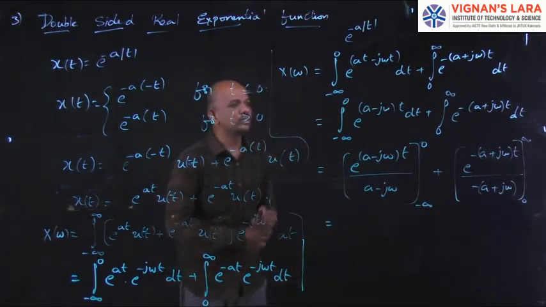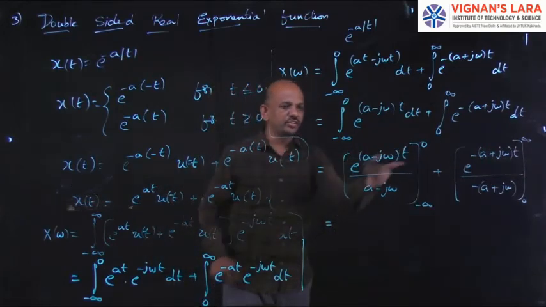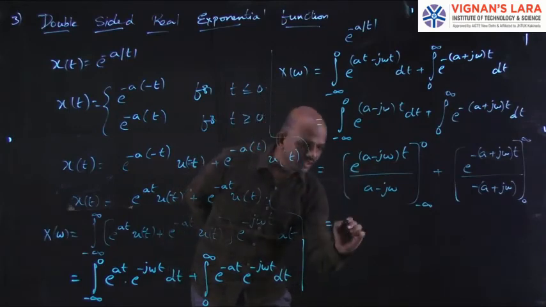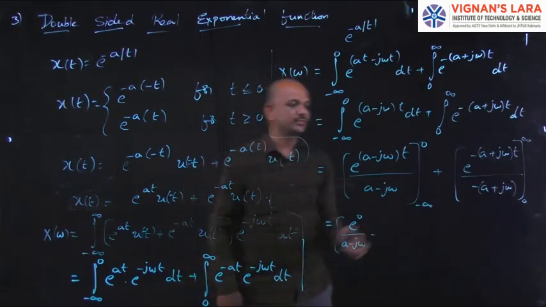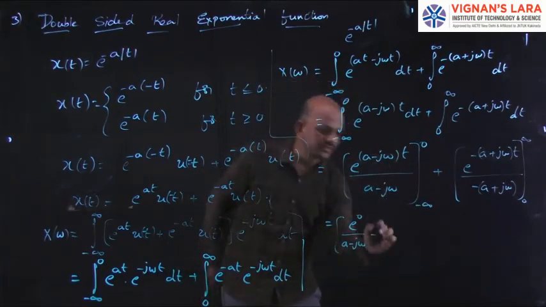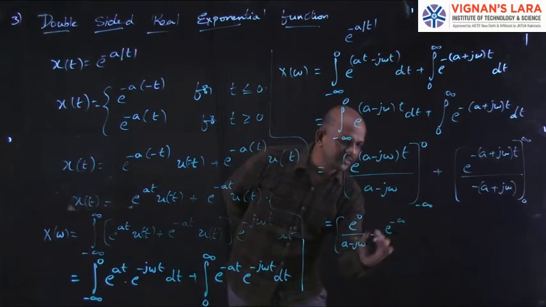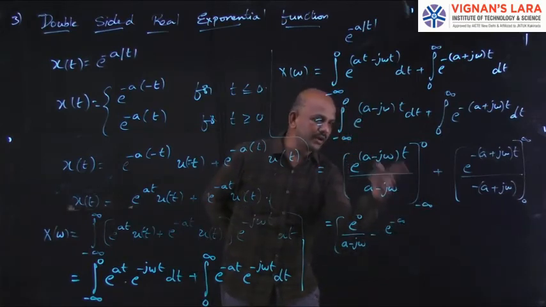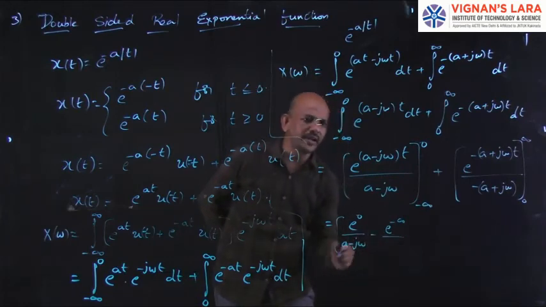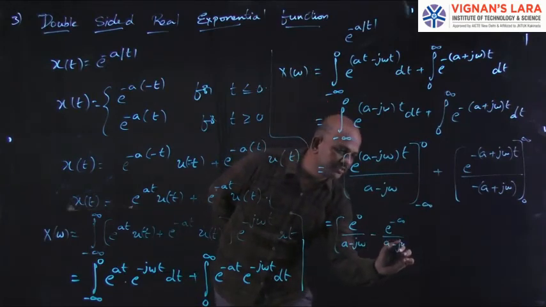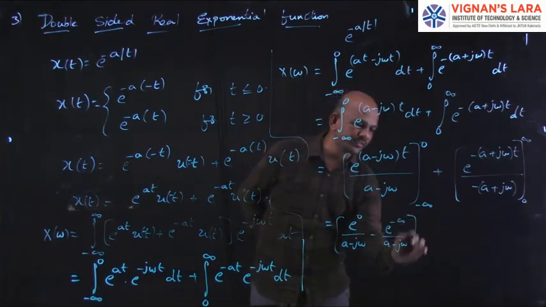See, substitute 0, 0 into anything is 0, so I will get e power 0 by a minus j omega minus, substitute this one, e power minus infinity into anything is minus infinity, divided by a minus j omega, this is the first case.